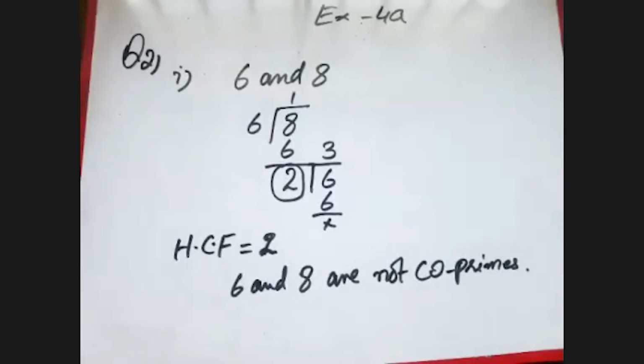When the HCF of two given numbers is 1, the numbers are said to be co-primes. So if HCF is not 1, the numbers are not co-prime. You have to prove this by comparison of two numbers.